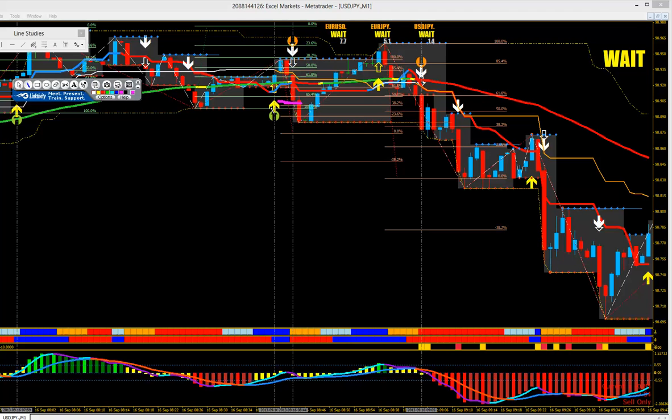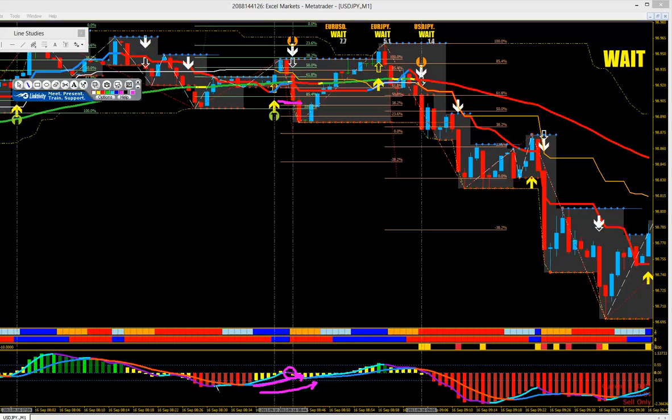Now in this case here, we see that our secondary slope is still in the upward movement, but we've had this little flick of our primary showing a sell.